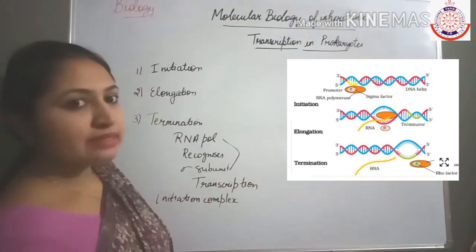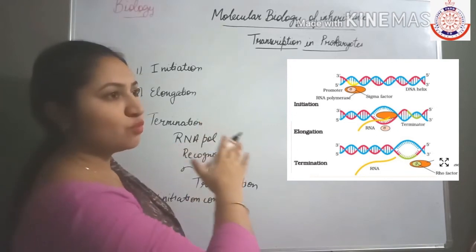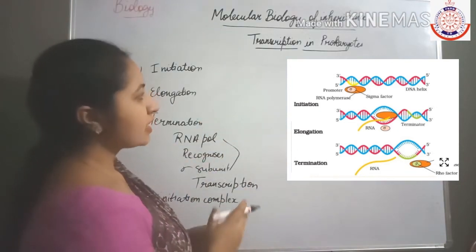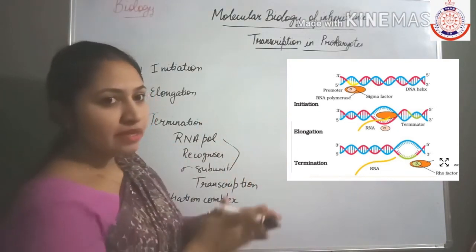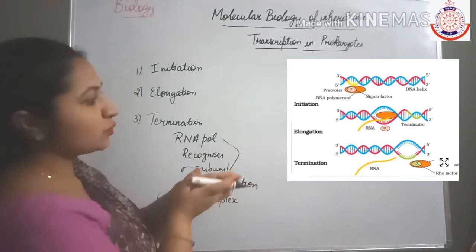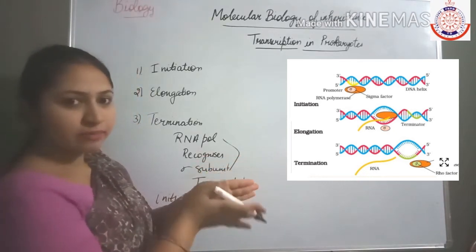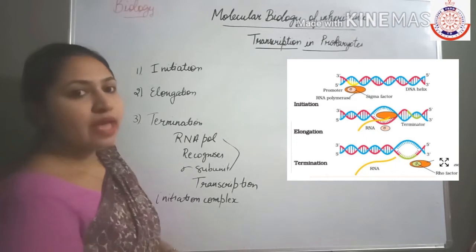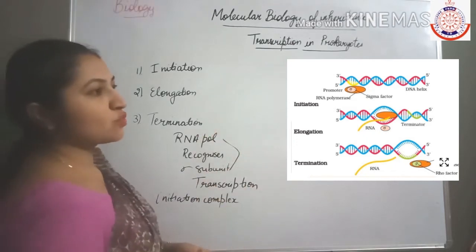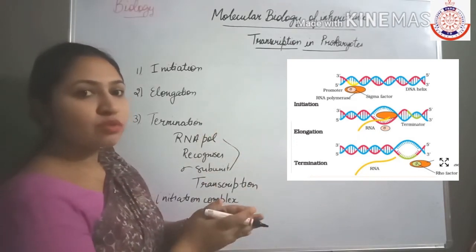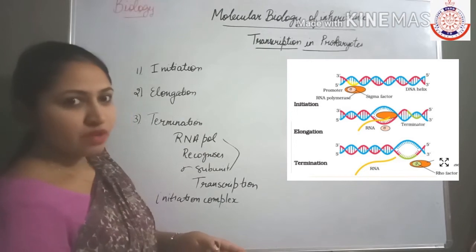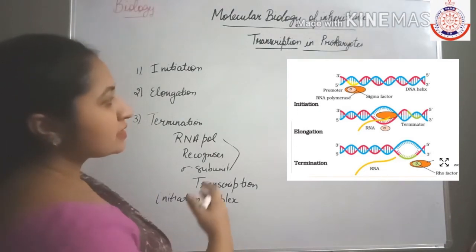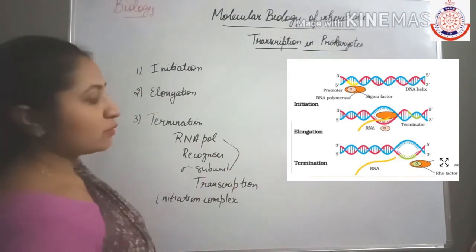So as the RNA polymerase moves over the DNA helix, you can see here that the DNA helix will get uncoiled, and the bases that are present over the DNA will also get exposed. Okay, so when the bases get exposed, then what happens?